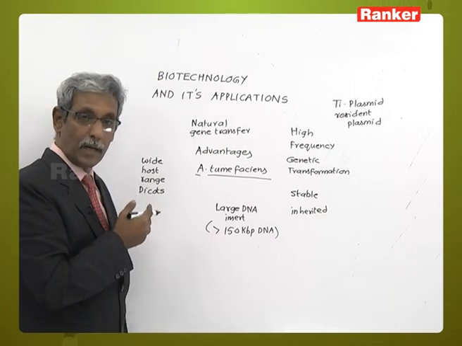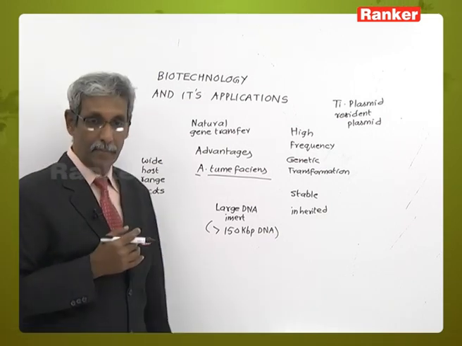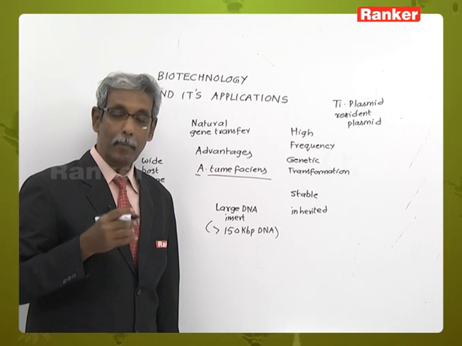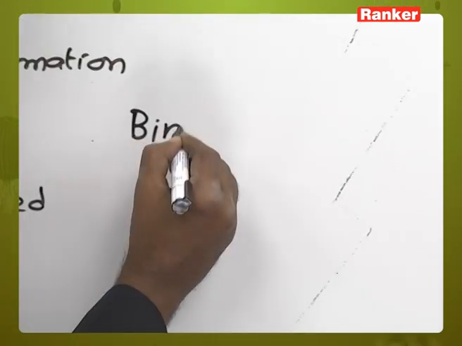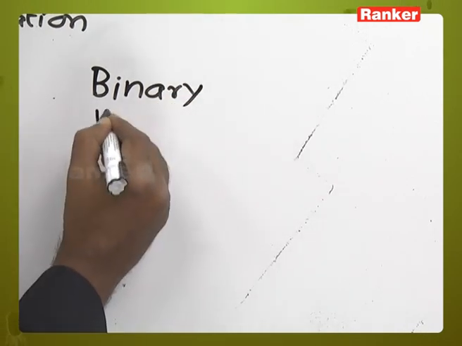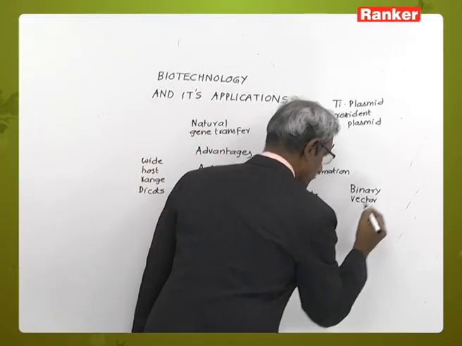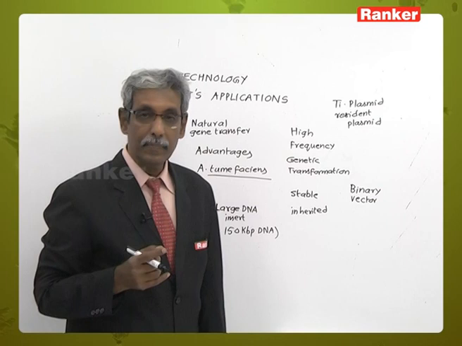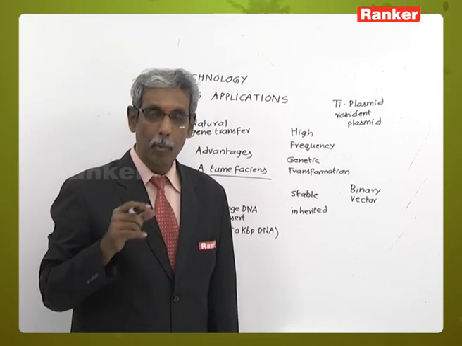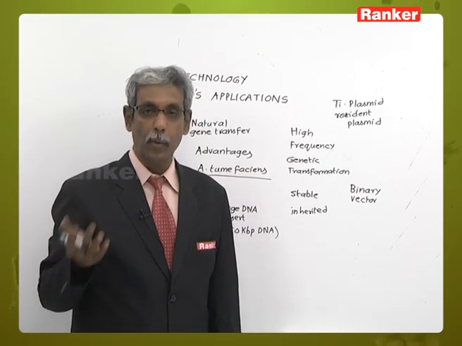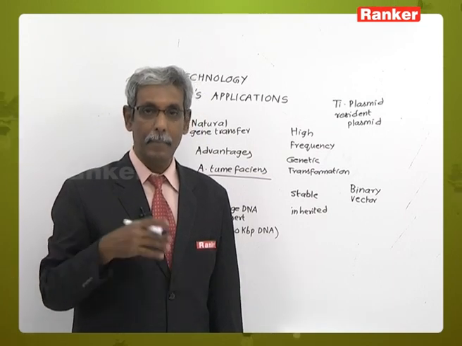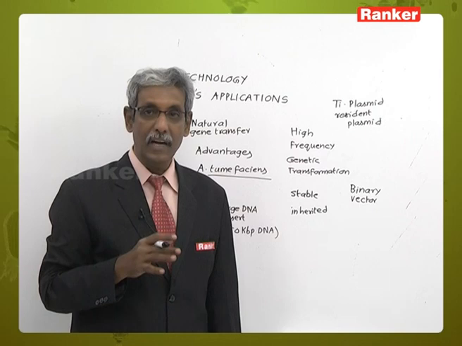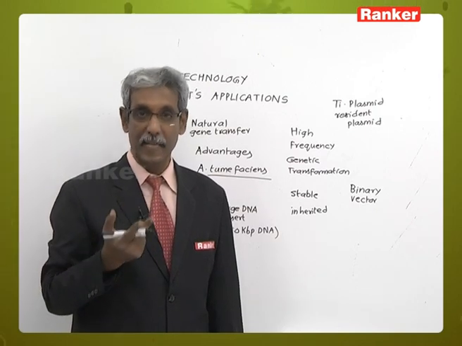Now, when you take Agrobacterium tumefaciens with your TI plasmid, a very important point is it serves as a binary vector. A binary vector is one which can move from one plant to another plant, from a plant to a bacteria, from a prokaryote to a eukaryote, and it is capable of expression in 2 cells.